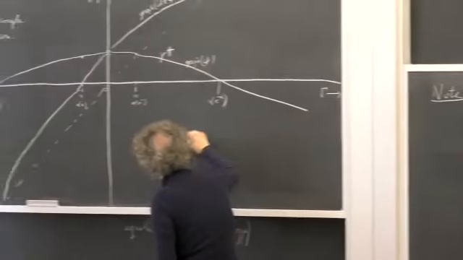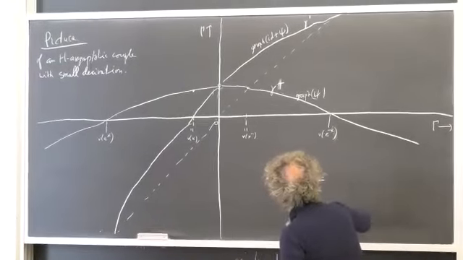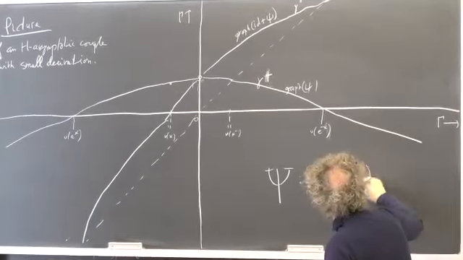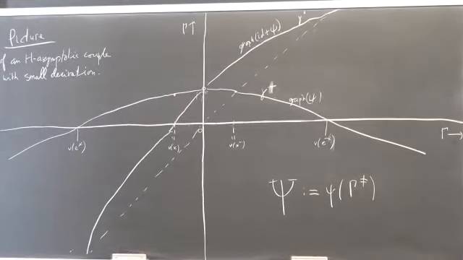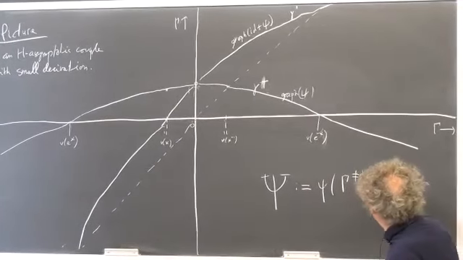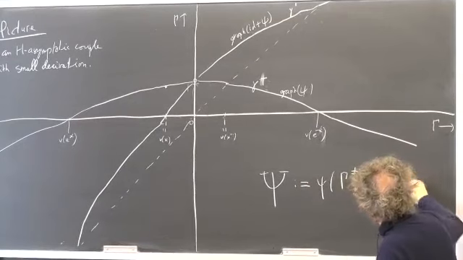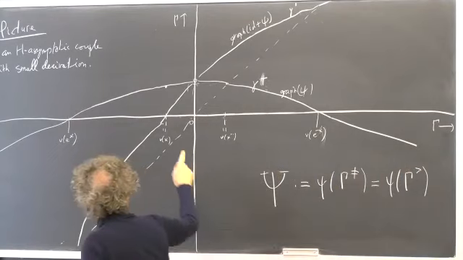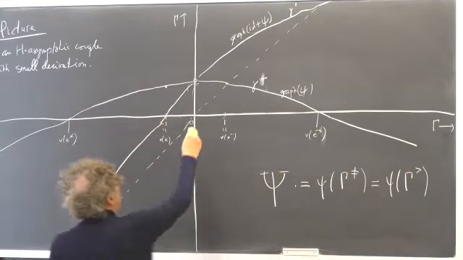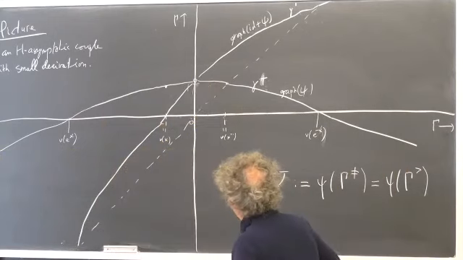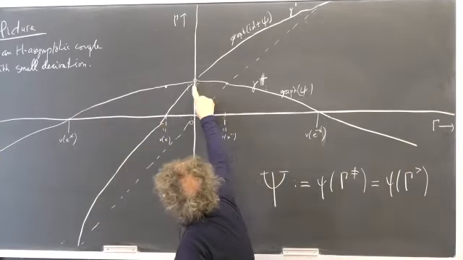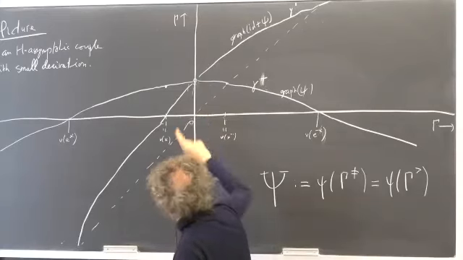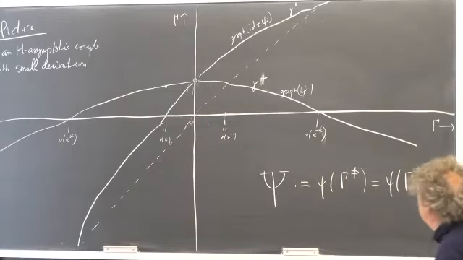The psi set, capital Psi, we call this the psi set, is simply the set of the image of the psi function. Of course, you could also just take psi of the positive part of gamma, or psi of the negative part of gamma, that's the same thing. So the psi set here is everything below this, provided it is in the image of psi.